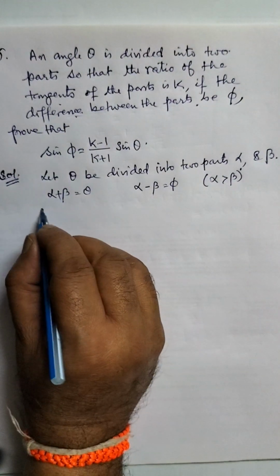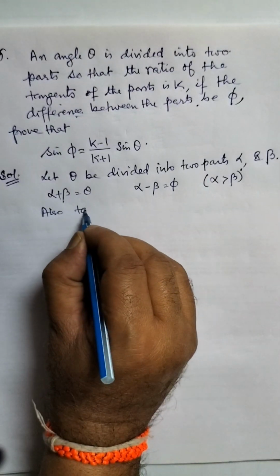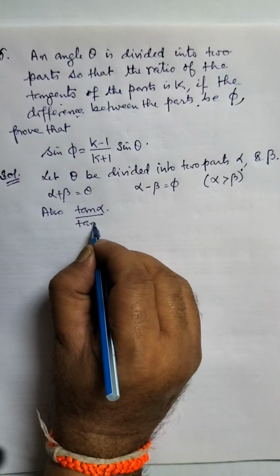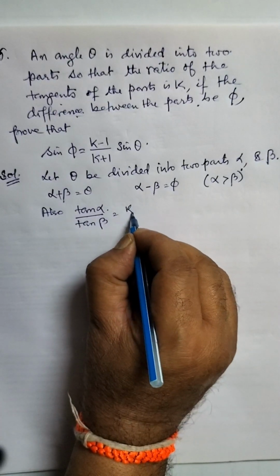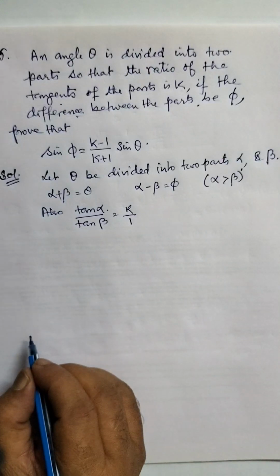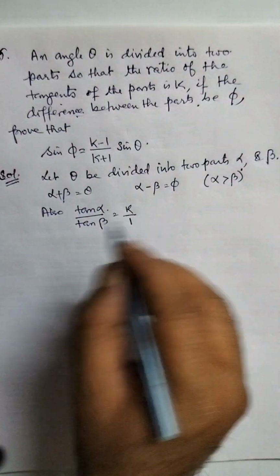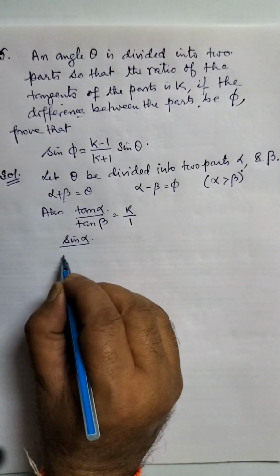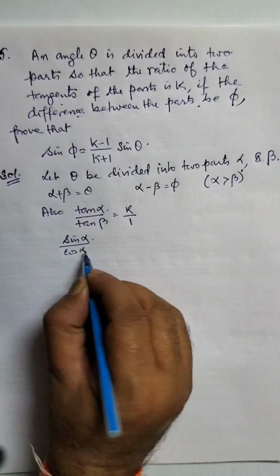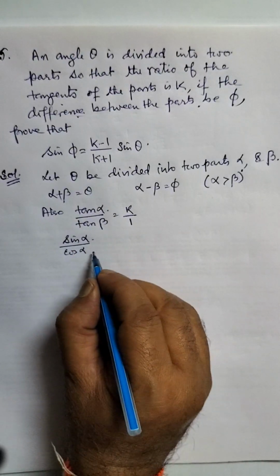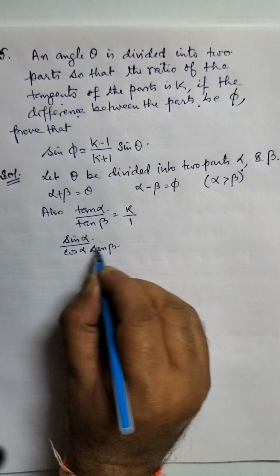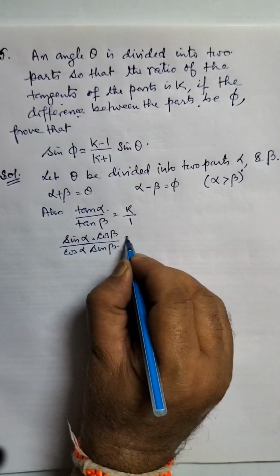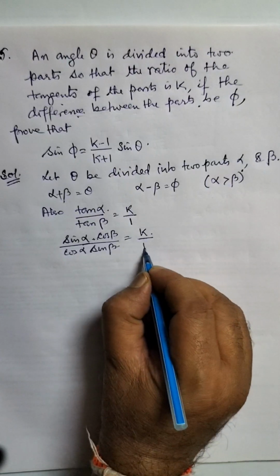Also it is given that tan of alpha upon tan of beta, the ratio is k is to 1. Now let me just convert it into sine and cos. So this becomes sine alpha on cos alpha, and in the denominator tan beta will become sine beta upon cos beta. This is k by 1.